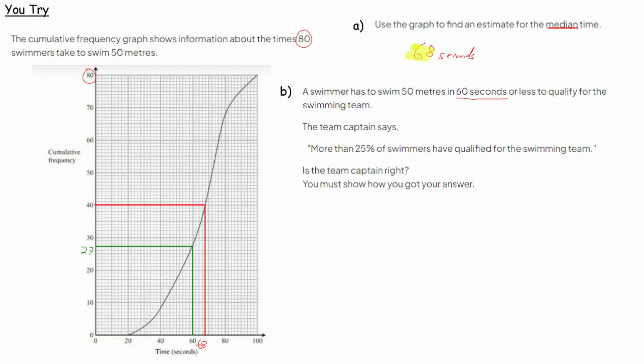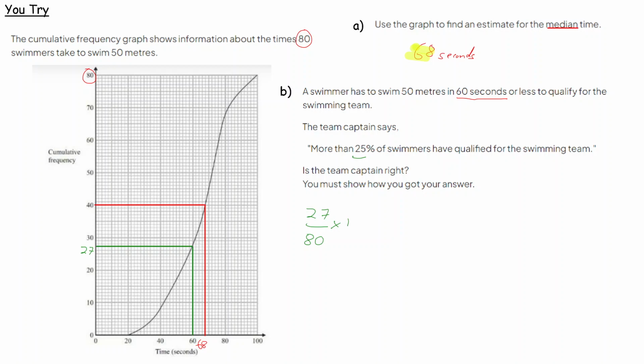Right, so I'm now going to find 27 out of the total and compare that with the 25%. So we've got 27 people who went less than 60 seconds. So 27 out of the total, which is 80. Let's write that as a percentage.